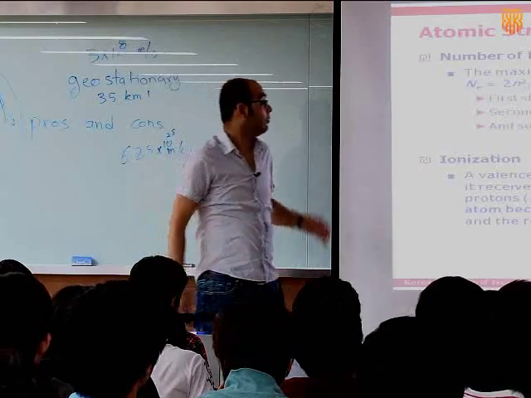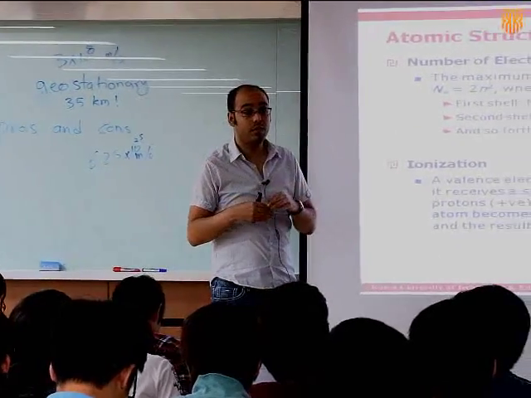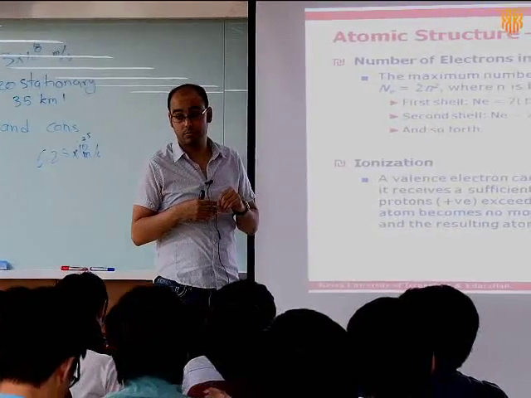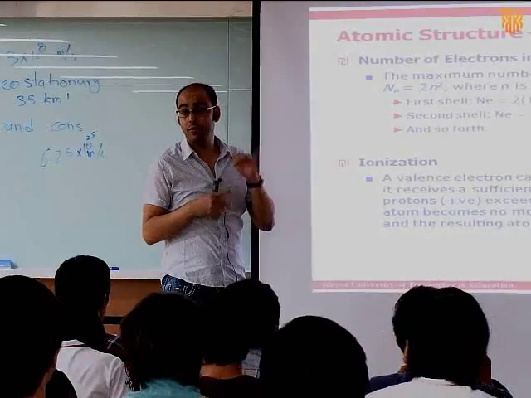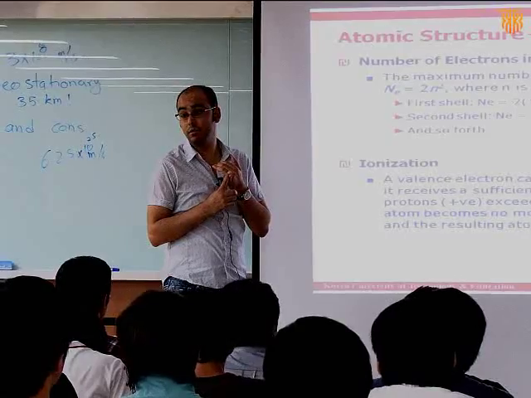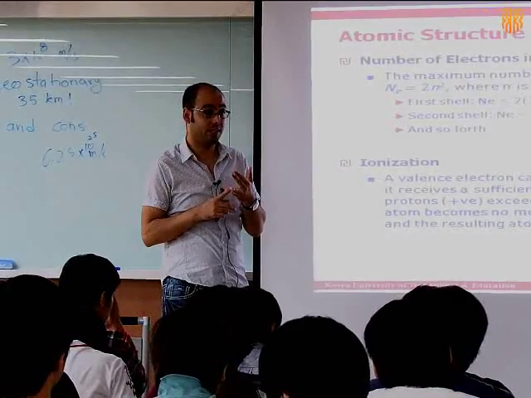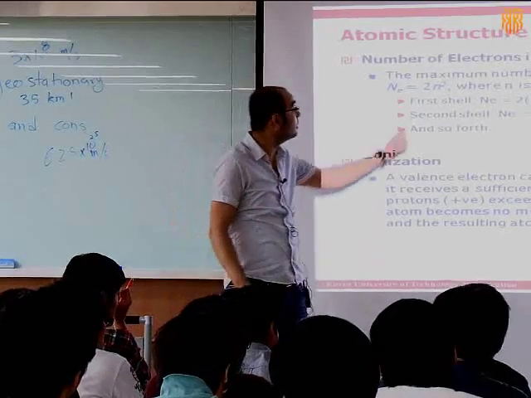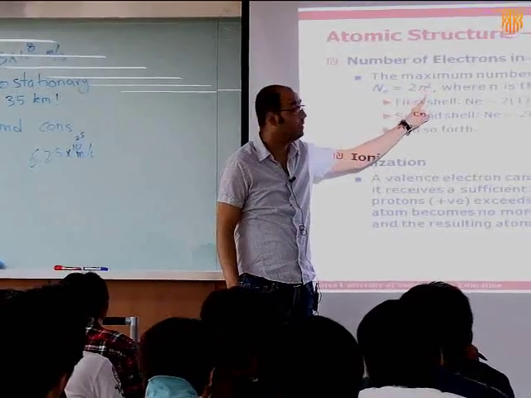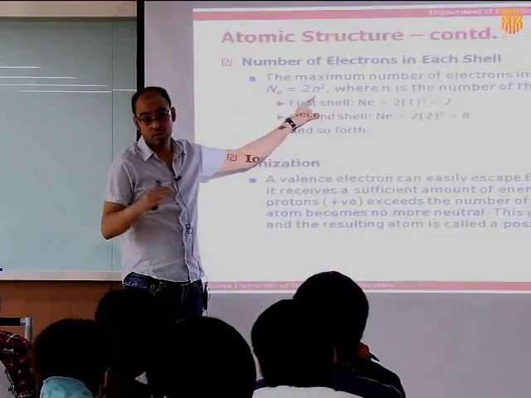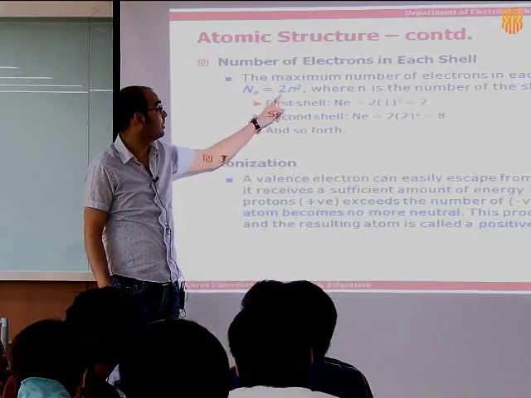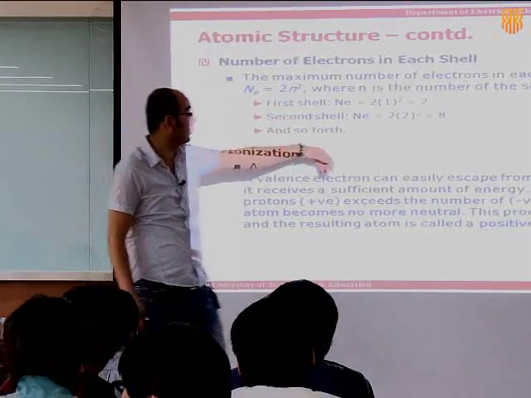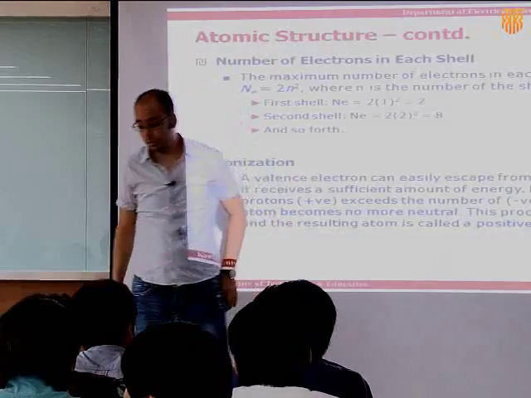So in each shell, what is the number of electrons? In the first shell, how many electrons do we have? 2. In the second? 8. Third, and so on. So the number is 2n squared, where n is the shell number. The first has 2, the second has 8, and so on.